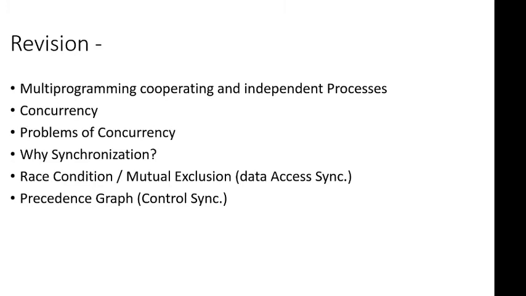So why do you need to synchronize? जब shared data गर्छ, race around conditions हुन्छ, त्यो race around condition ले unexpected results दिन्छ, त्यसको लागि synchronization हुन जरुरी छ. So there are two kinds of synchronization.